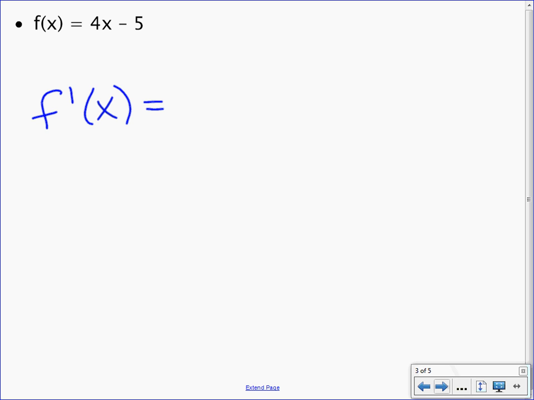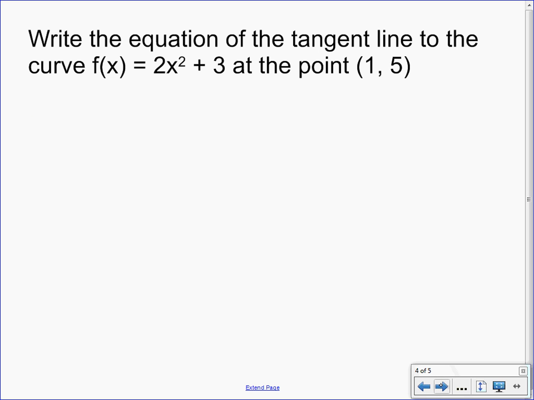This is a line with a constant slope, so what's the slope at any point? 4. Our derivative is 4. I will let you make that shortcut.